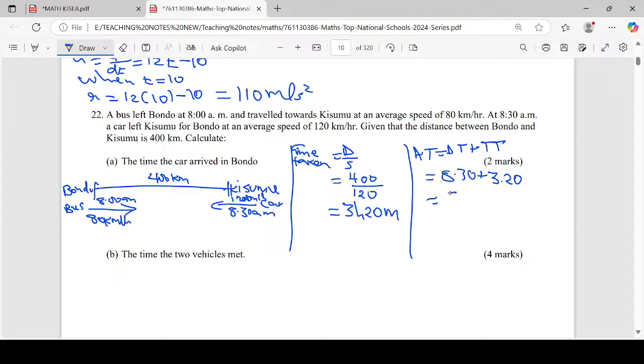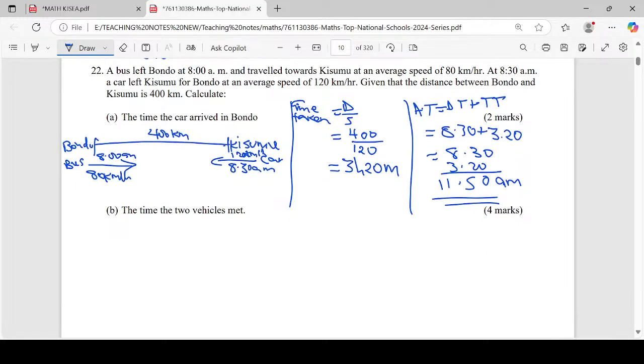So 8:30 plus 3 hours 20 minutes is 11:50 a.m. That is the car's arrival time, the time the car arrived in Bondo.